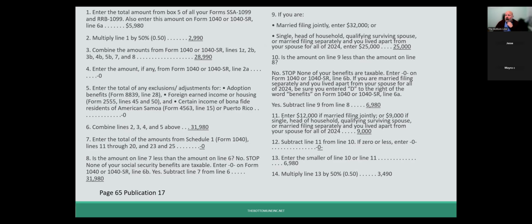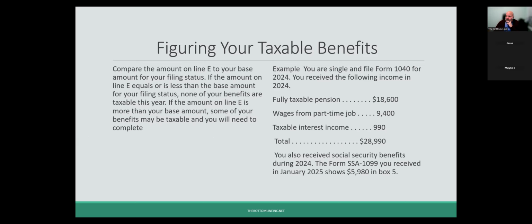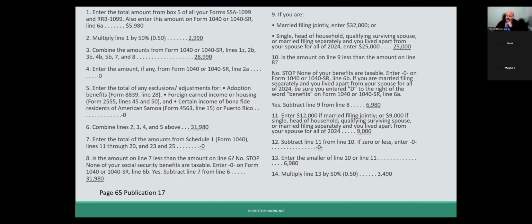So box 5 of their 1099 SSA was 5,980. Half of that is 2,990. So we're going to combine those other income sources, 990, 94, 18,6. That gives us 28,990. Right.